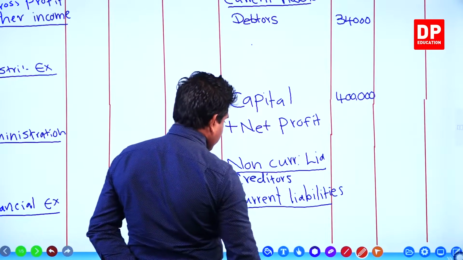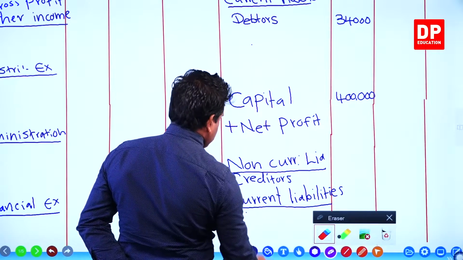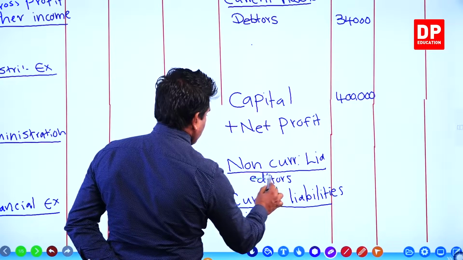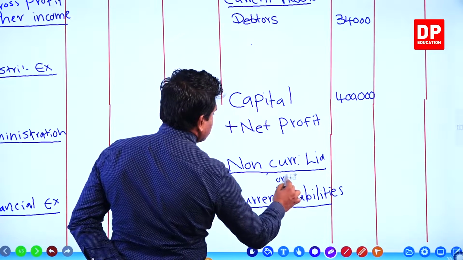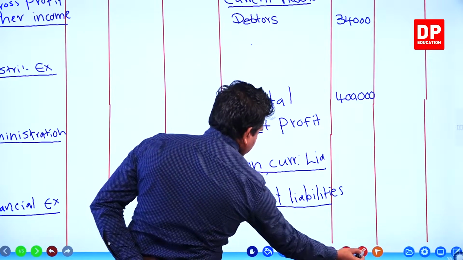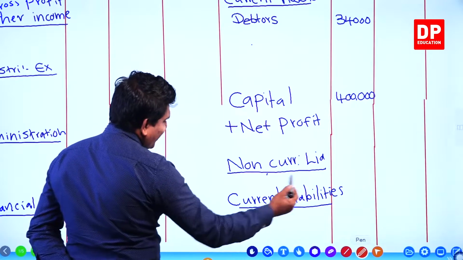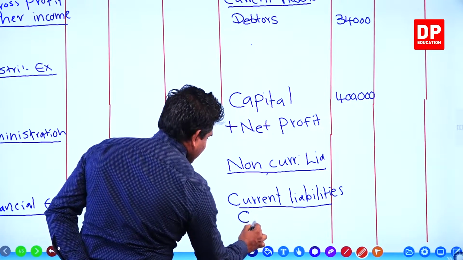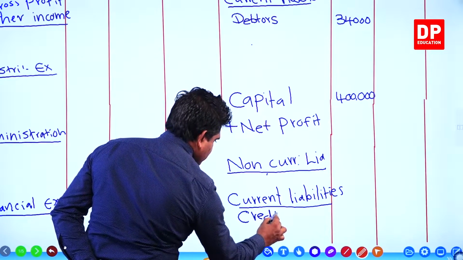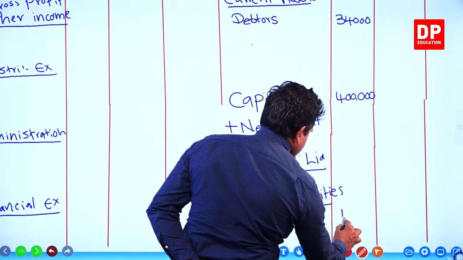You remove it here. If it is wrong, you can delete it and go to the relevant place. Humans make some mistakes, right? Now creditors, 45,000 you put here.